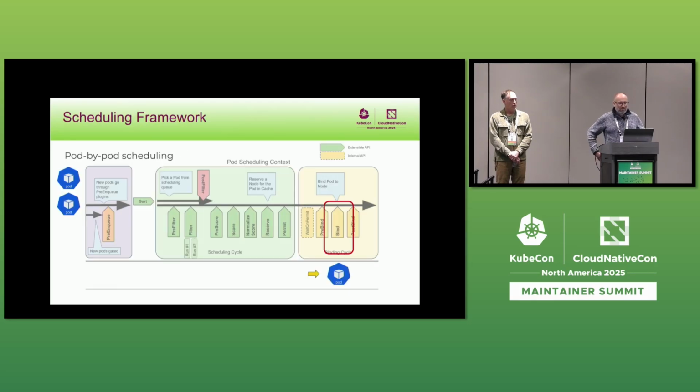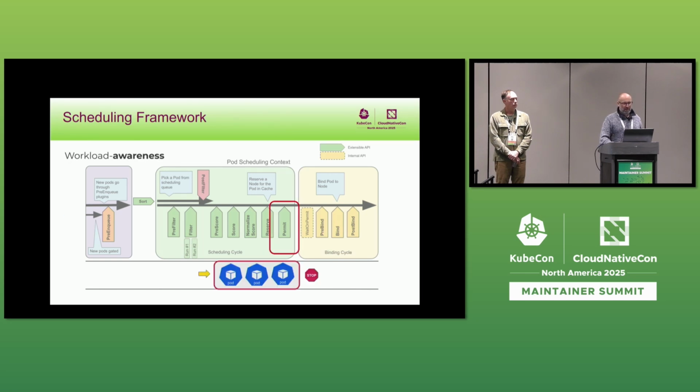So we can now take a look at how the scheduling framework will change, and I hope it will also explain the difference between workload awareness and workload scheduling. Currently, each pod is scheduled one by one, so the binding directly follows the scheduling phase. In workload-aware scheduling, we want to clearly separate logical scheduling from actuation.